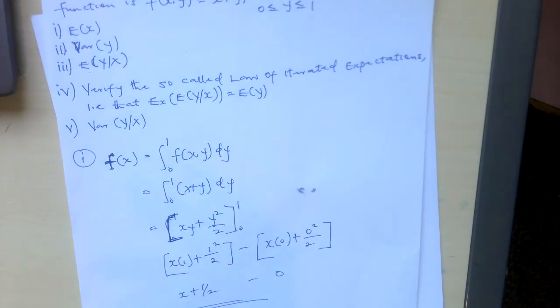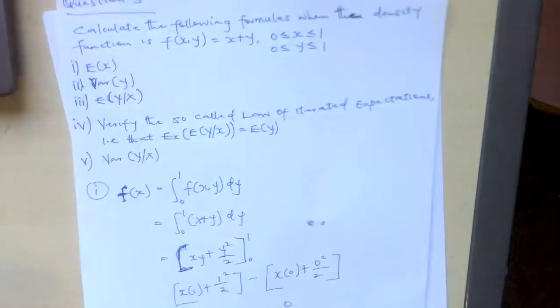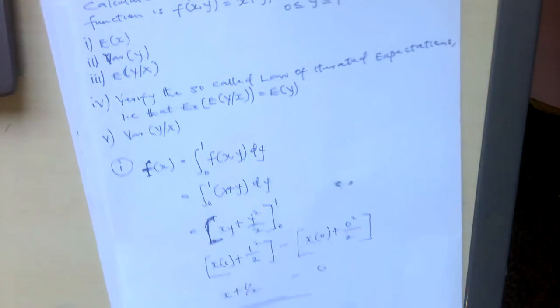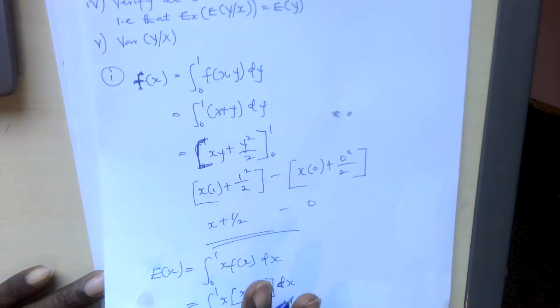So the variance of y given x, of course, we know we have to look for the expected value of y given x square minus the expected value of y given x all square. And I think we have done this. We have gotten some of this before.